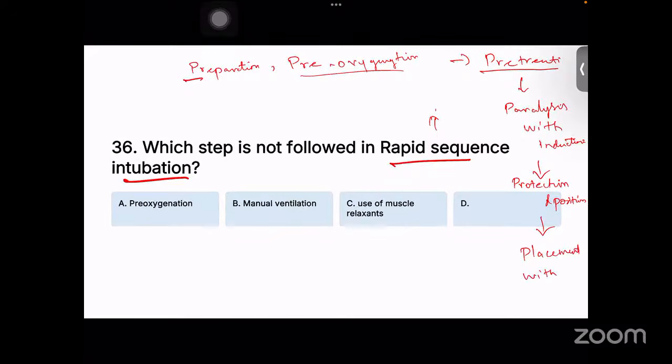So these are the 6 P's of your RSI sequence: preparation, pre-oxygenation, pre-treatment, paralysis, protection, and placement.